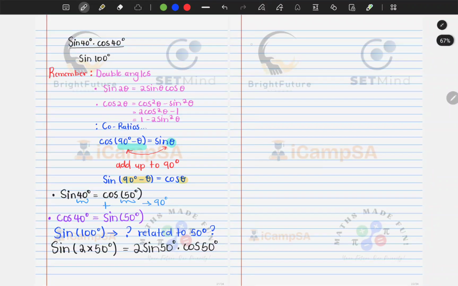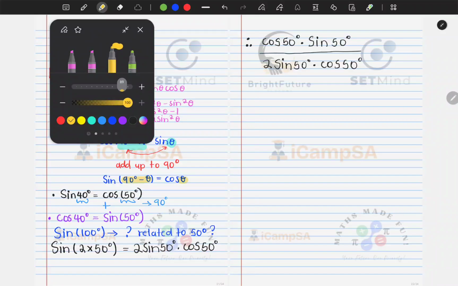What does this mean for our problem? Where we had sine of 40 degrees, we can now replace it with cos of 50 degrees, and where we had cos of 40 degrees, we can replace it with sine of 50 degrees. Our denominator, as you can see, we resolved to be 2 sine of 50 degrees times cos of 50 degrees.